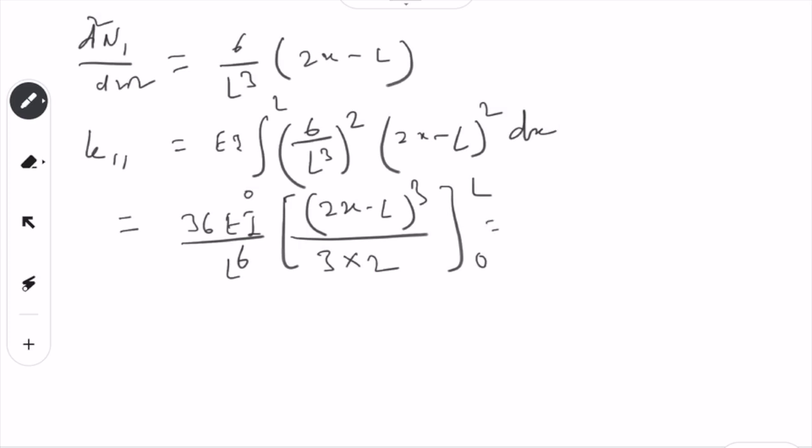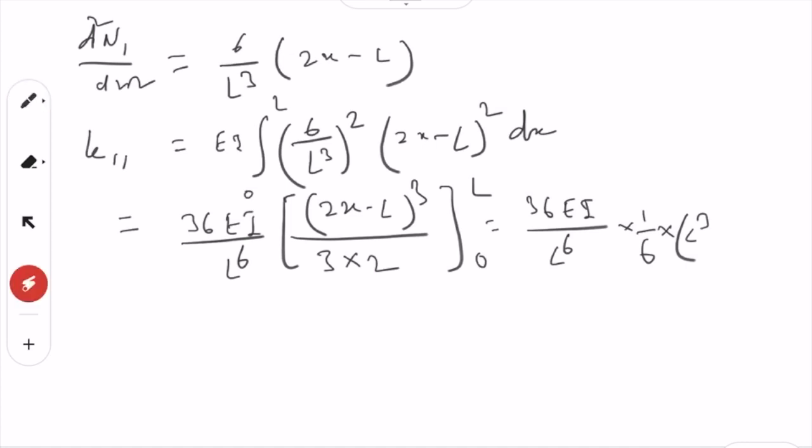So we get 36 EI over L⁶ multiplied by, putting L here, L cubed divided by 6. So 1 over 6, then L cubed, since 2L minus L is L. Then we put 0 here, so that means minus L cubed, which becomes plus L cubed basically.